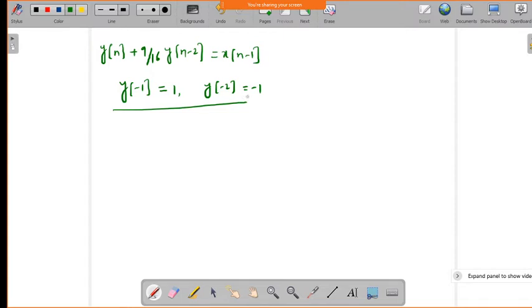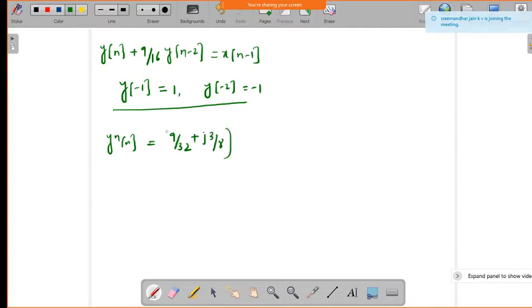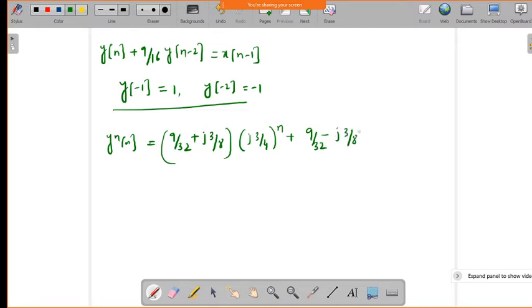For the solution, you just take the natural response, which is equal to, check it, 9 by 32 plus j 3 by 8, this is C1, into j 3 by 4 power n plus 9 by 32 minus j 3 by 8 into minus j 3 by 4 power n. Okay, so this is the solution, you will get it.